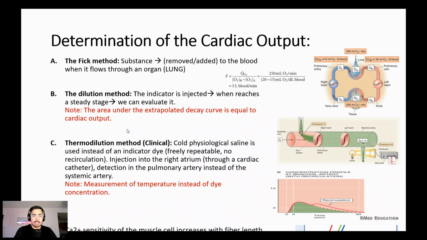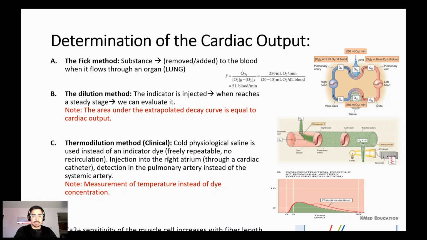But in the clinical situation, why can we not do that? Because some patients will definitely have kidney problems, and if we inject indicators they can injure their kidney, for example. So we use another method. We add cold physiological saline instead of the dye, and we inject it through a cardiac catheter, which goes through the arteries to the heart and the right atrium.